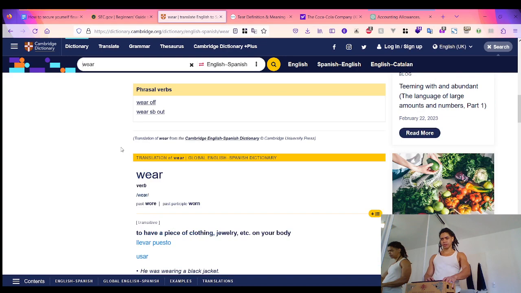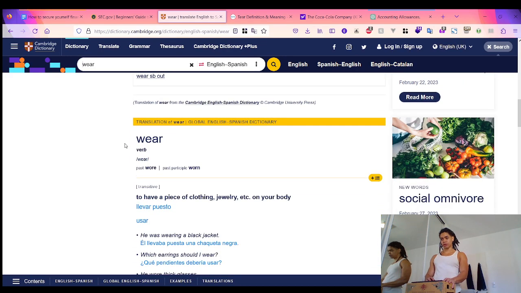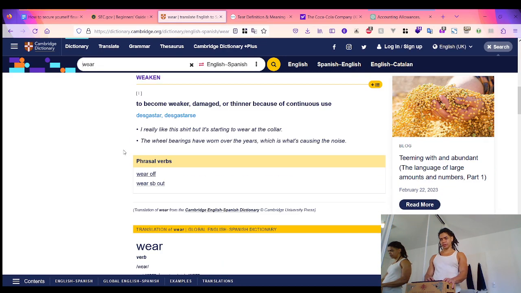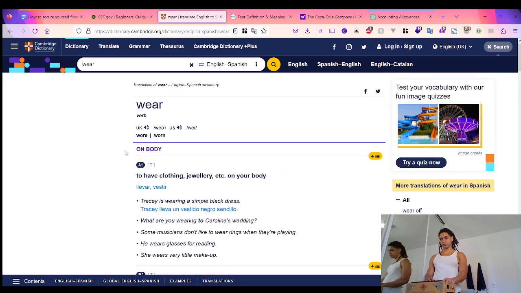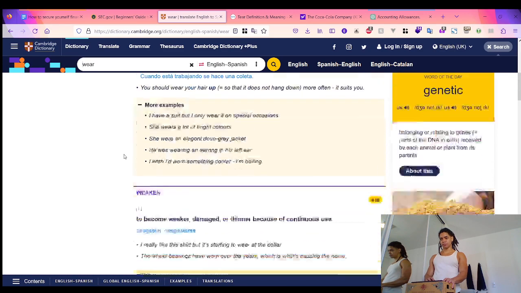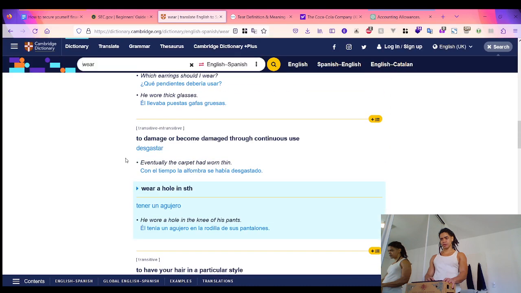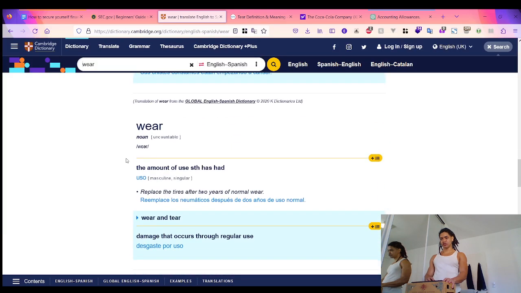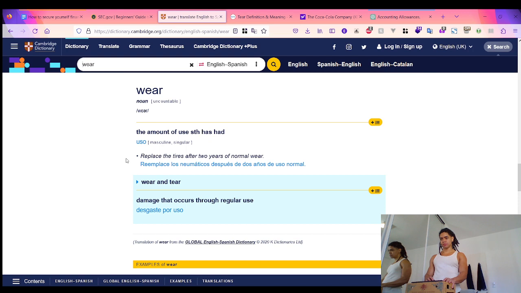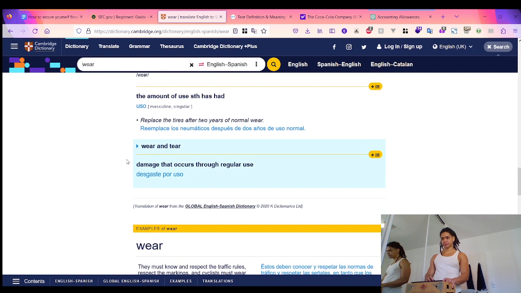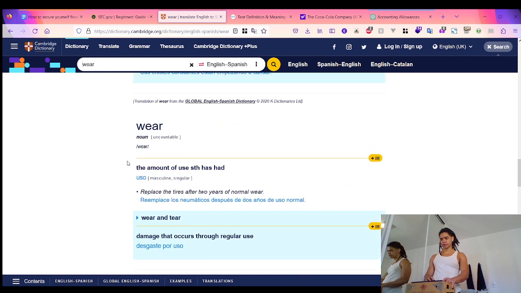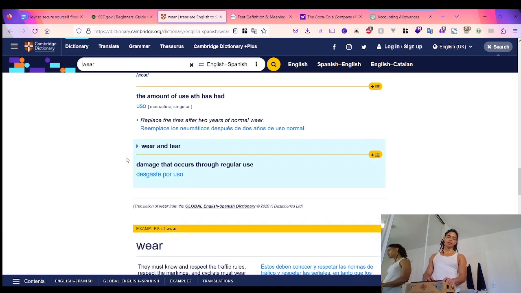As a verb, it's on your body. As a noun, it is the damage or the amount of use. Replace it after 2 years of normal wear. Oh my god.